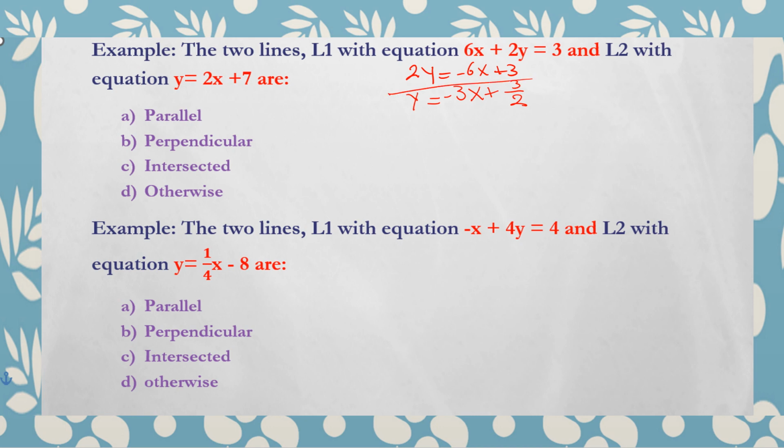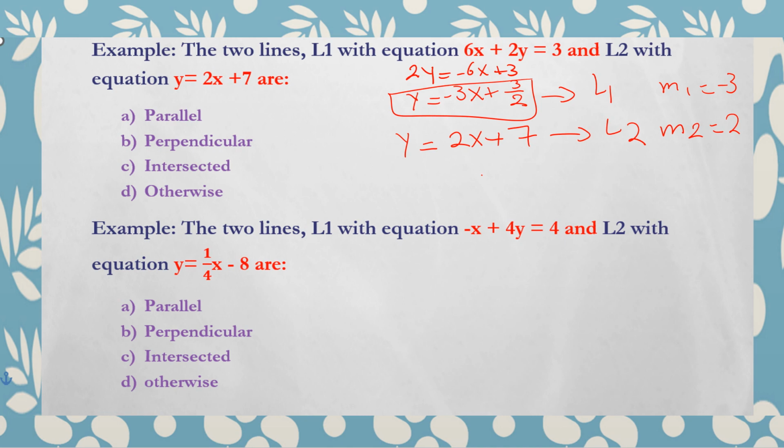This is the equation of L1, and the equation of L2 is y equals 2x plus 7. This is L2. Here m1 equals minus 3 and m2 equals 2, and m1 doesn't equal m2, so both lines are intersected.